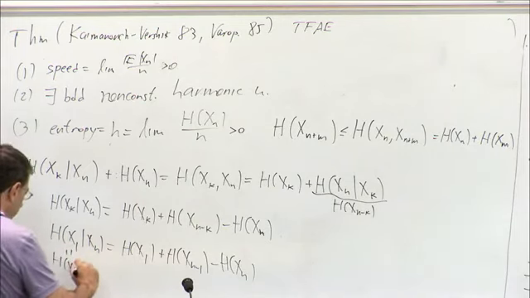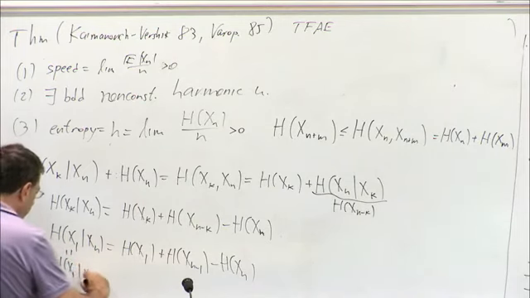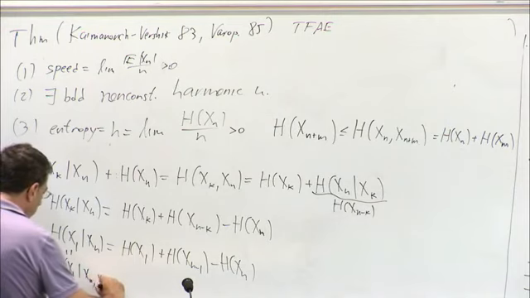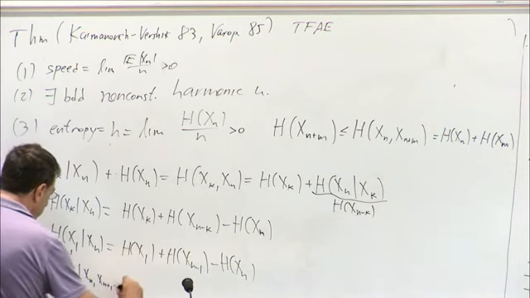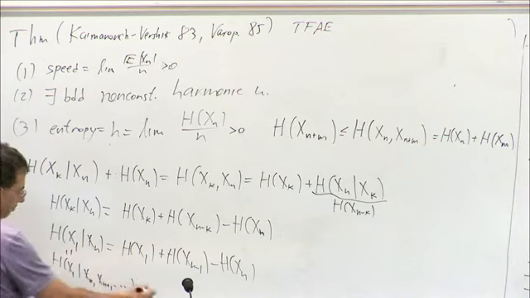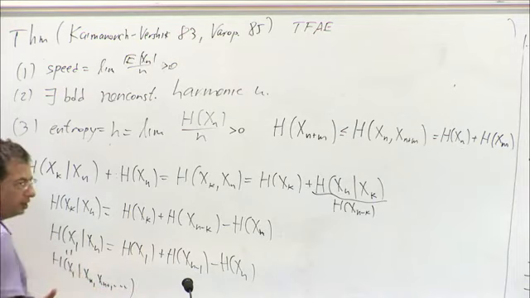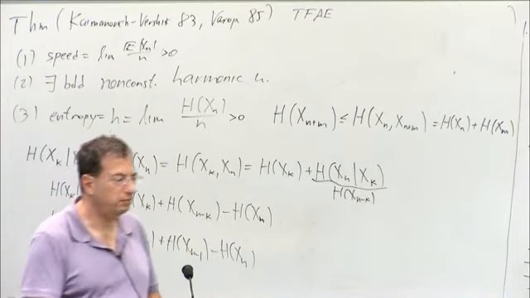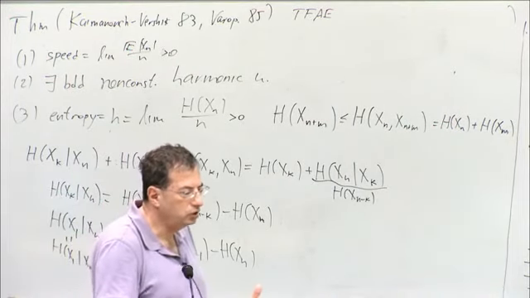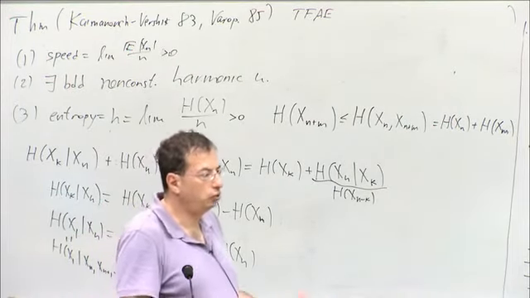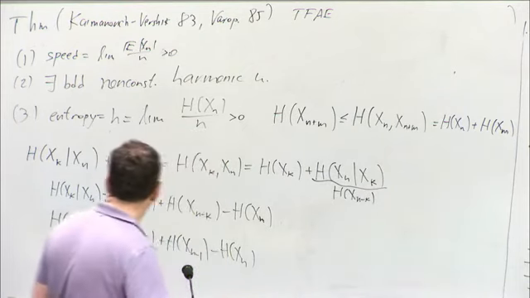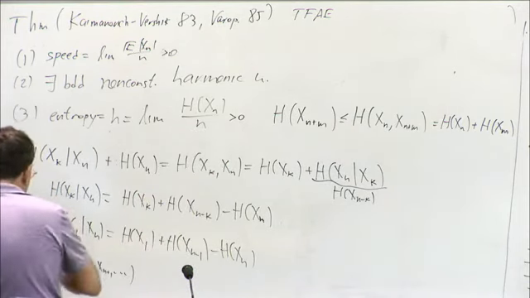I'm sorry, it's increasing, because it's the same as the entropy of x1 given the whole tail from xn. Because if I know xn, the future is not relevant to determine x1. But this is a decreasing sequence of sigma fields. So if I condition on less and less information, the entropy of x1 grows. So this is increasing in n.